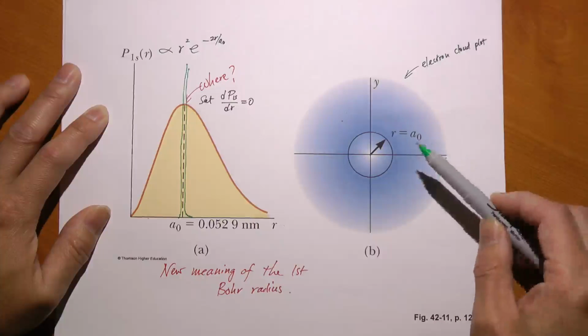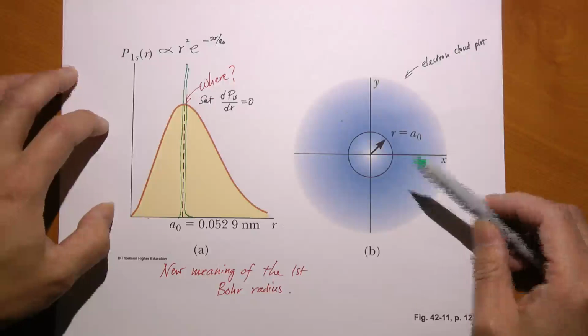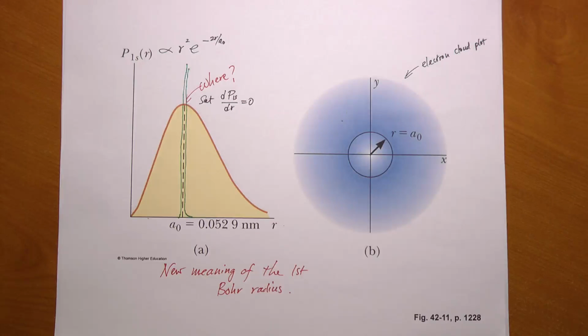So this gives you some sort of visual idea. It's like a plot of electric field lines. It gives you a visual idea of where the electron can be found, and this is a picture of what's called the electron cloud. So this gives us again a new meaning of the Bohr radius.